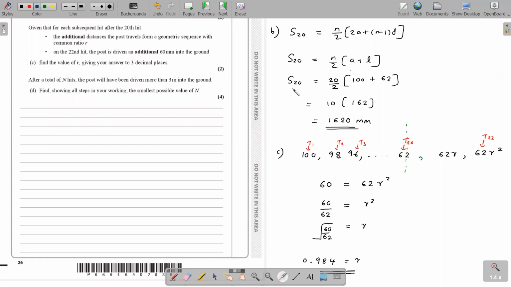By using the arithmetic sequence, we have gone 1620 millimeters into the ground. Then they are saying here 3 meters. Can you remember 3 meters to millimeters? 3 meters is 300 centimeters. Centimeters to millimeters, multiplied by 10. So 3 meters is 3,000 millimeters. Are you with me? 3 meters is 3,000 millimeters.